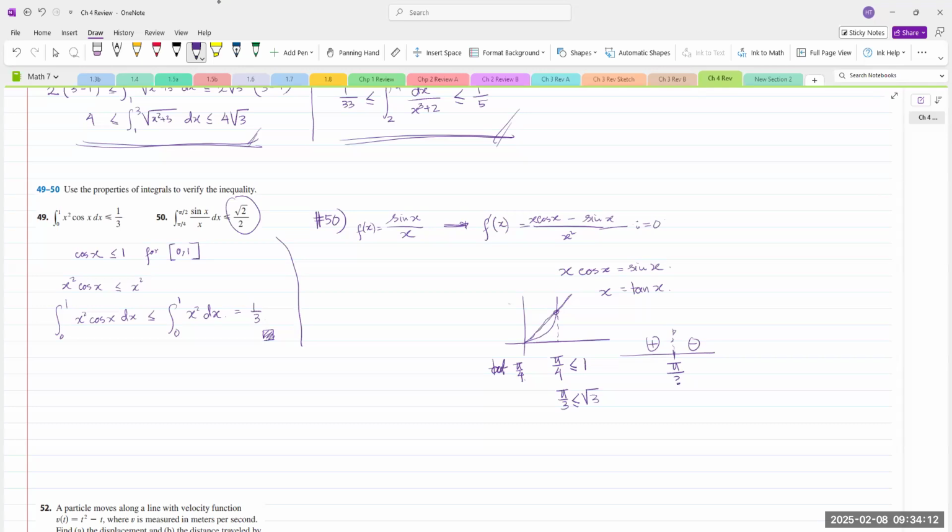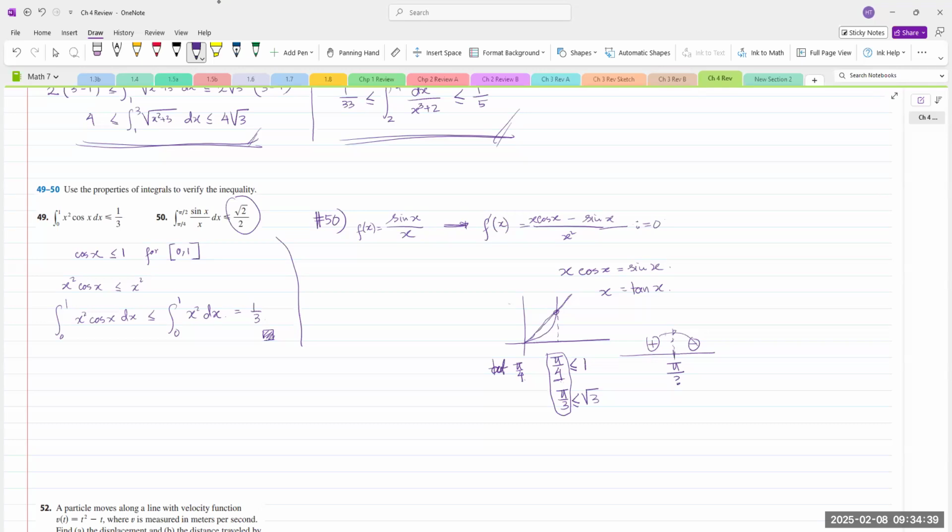I don't know what number that is though. I think I can use pi over 3. No, pi over 3 is already going down. So the number for sure is between pi over 4 and pi over 3.